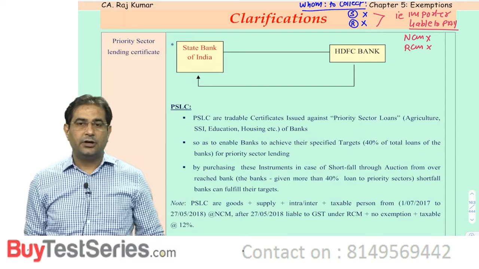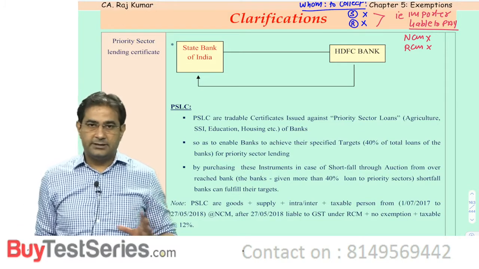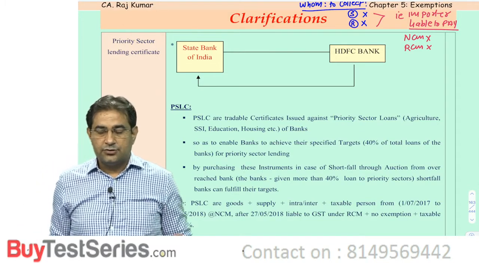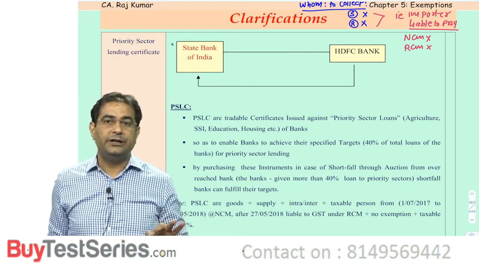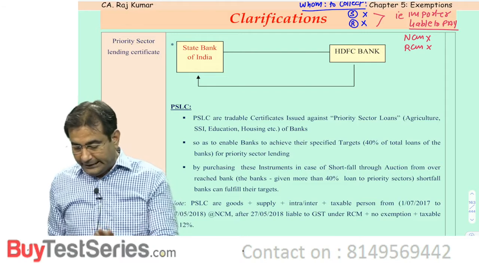That is, the total lending of the bank, suppose 100 crore. So 40% of total lending, that is 40 crore, needs to be lent to priority sectors.